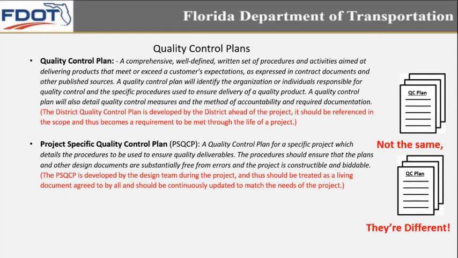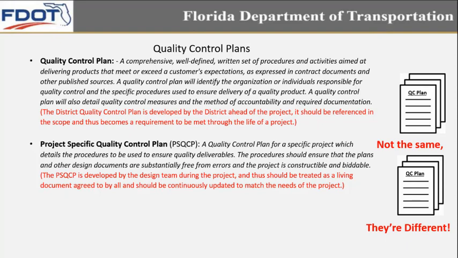The project-specific quality control plan is developed by the design team during the project and thus should be treated as a living document agreed to by all and should be continuously updated to match the needs of the project. And to me, that's really the big difference of how to use the two and how to make sure appropriate material is in each one.